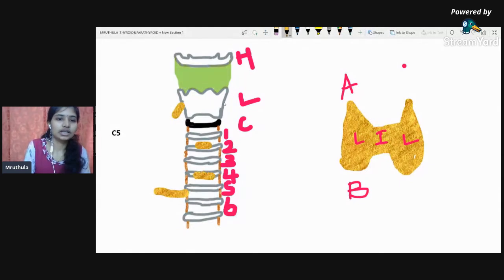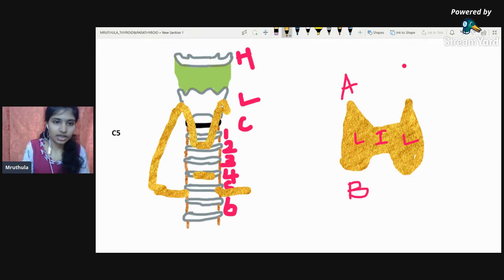Let's continue. Let's connect the dots, and there we get the diagram. From the oblique line, I'm coming down. The base is broader, we know that. Then I'm reaching the 2nd tracheal ring where the isthmus starts. I'm going up, and coming down on the other side.